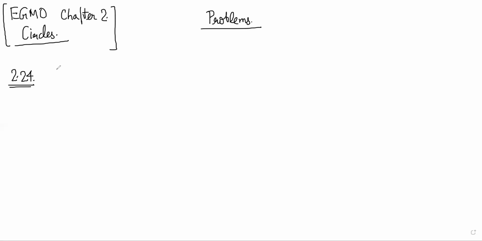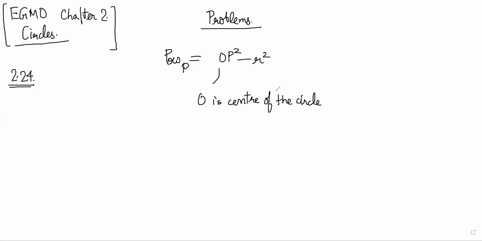Power of a point has been proved by similarity here, right? Yeah, it is very simple similarity you can prove. Once you get power of a point, you know that power of a point P is basically OP square minus radius square, where O is the center of the circle and R is the radius.